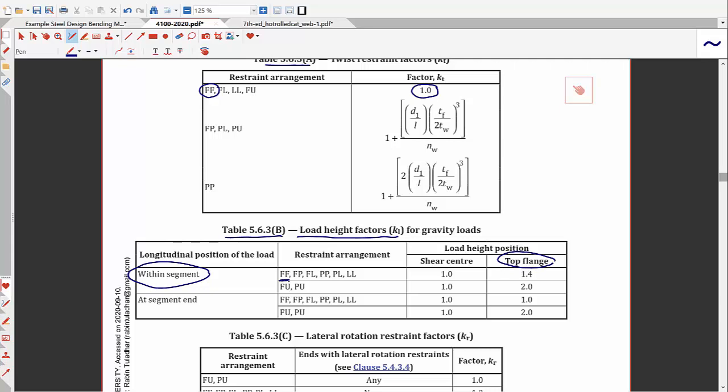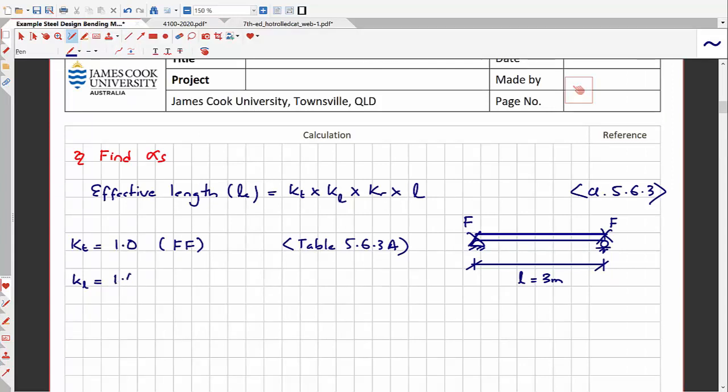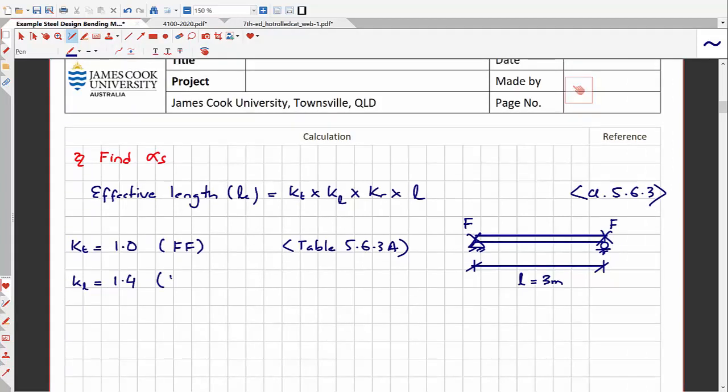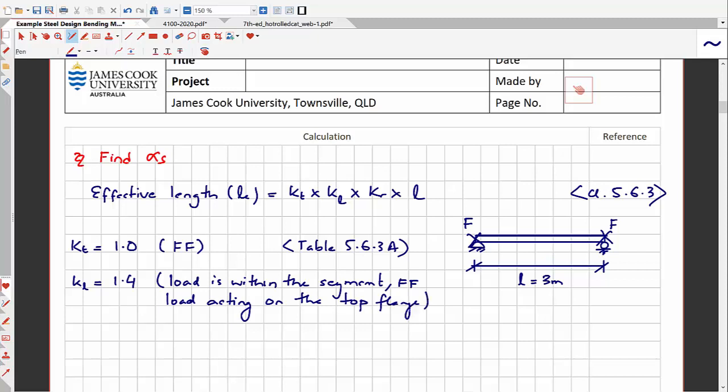Our case is fully restraining, so KL is 1.4, coming from table 5.6.3b, because the load is within the segment, it is a FF condition, fully restrained at both ends, and the load is acting on the top flange.